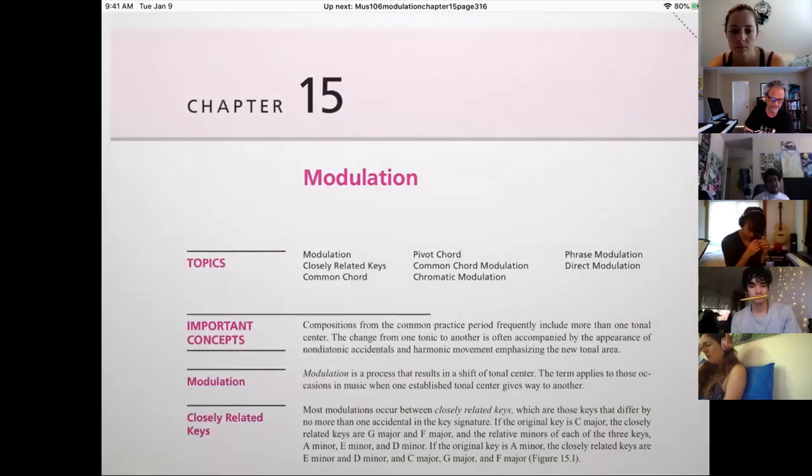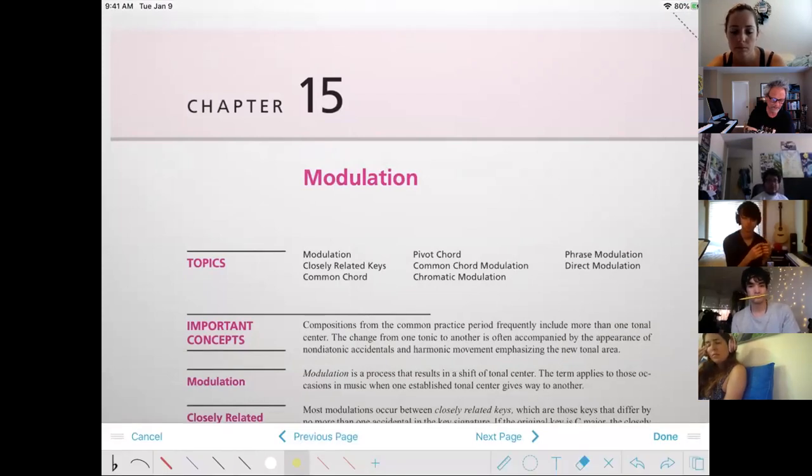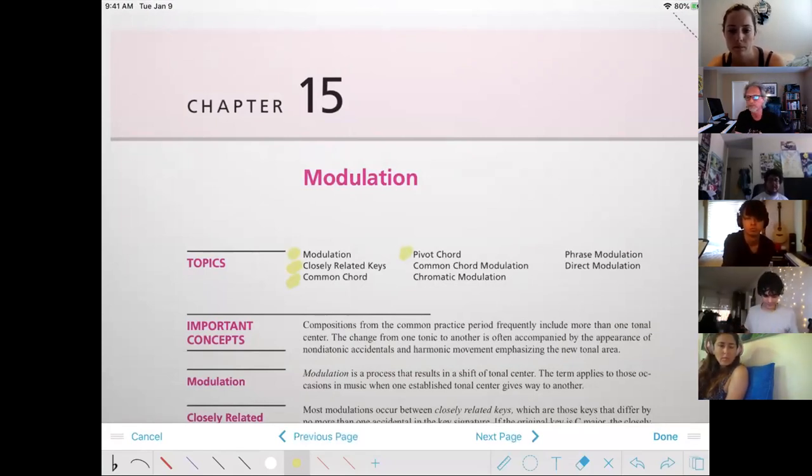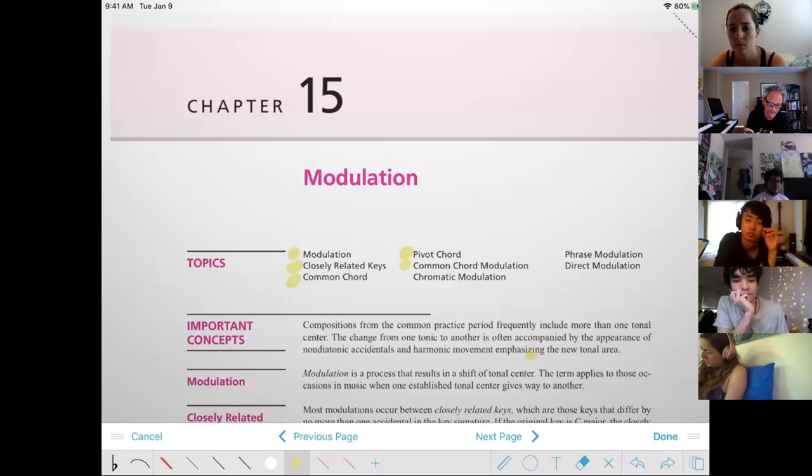We learned this, check this out: modulation, closely related keys, pivot chord, and common chord. We talked about all those things. And actually, what we just did was a common chord modulation. Not bad for a first day of introducing the chapter to get into 5 elements out of 8.